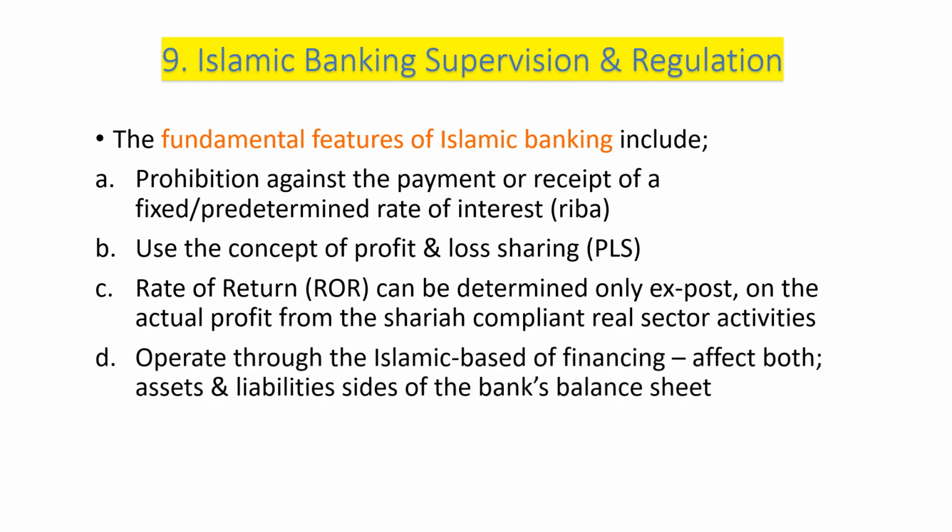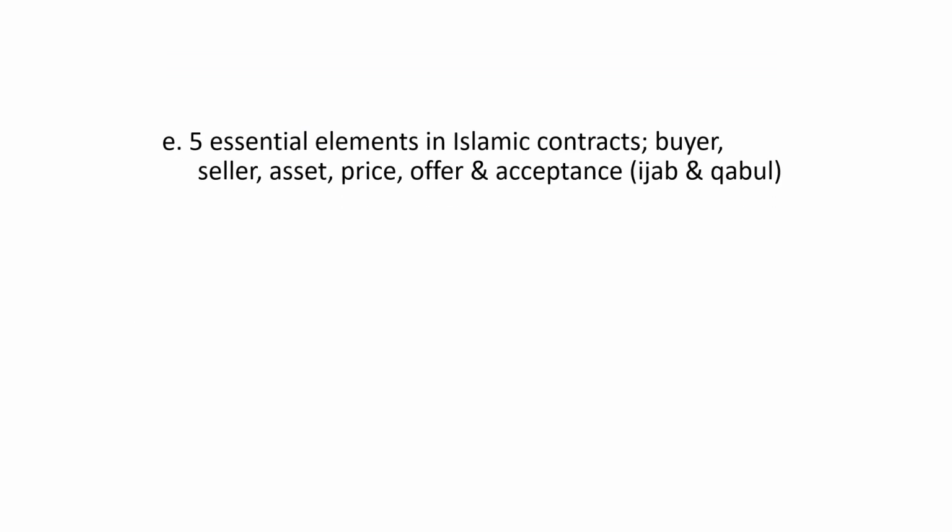Requirement to operate through the Islamic base of financing, which affects both assets and liabilities sides of the bank's balance sheet. 5 essential elements in Islamic contracts that need to be fulfilled are buyer, seller, asset, price, offer and acceptance.